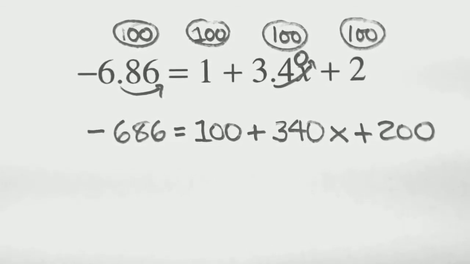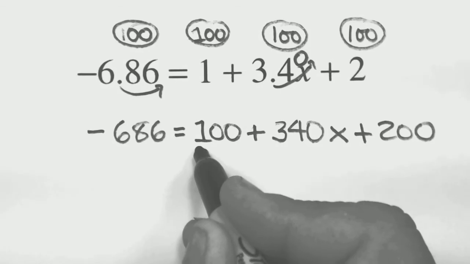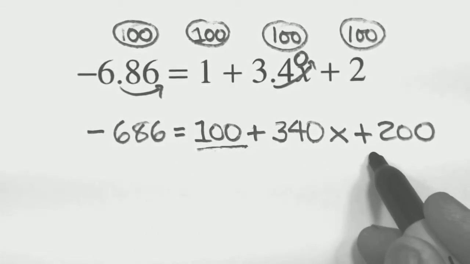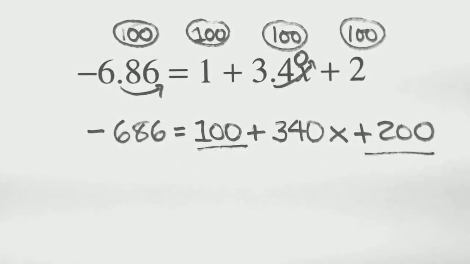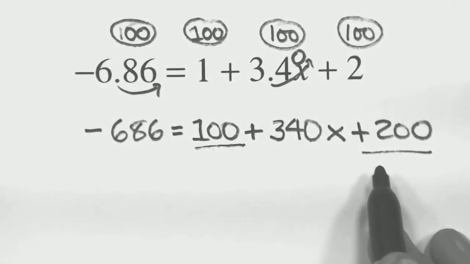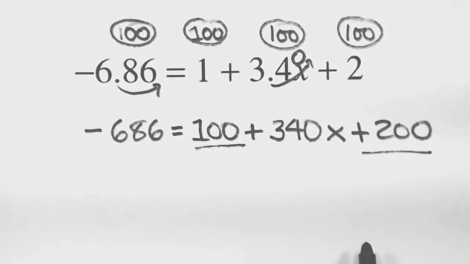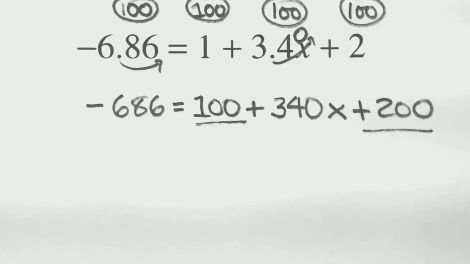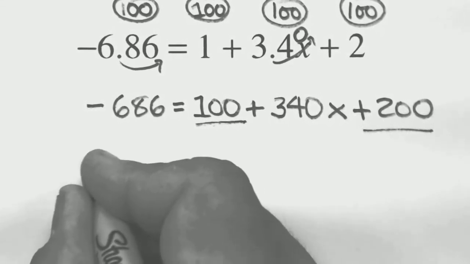Okay, now, before we move on, the first thing is we've got some like terms on this right side that we've got to combine. Always look for this before you get ready to solve. If there are any like terms on either side, remember you only look at each side individually, then combine them. Well, the left side just has our negative 686.